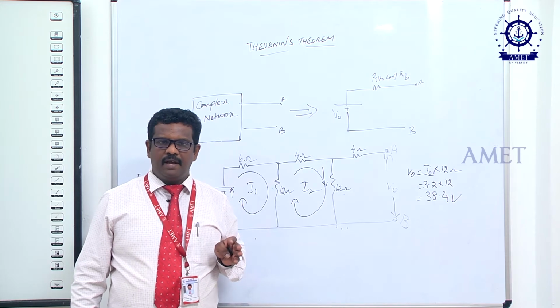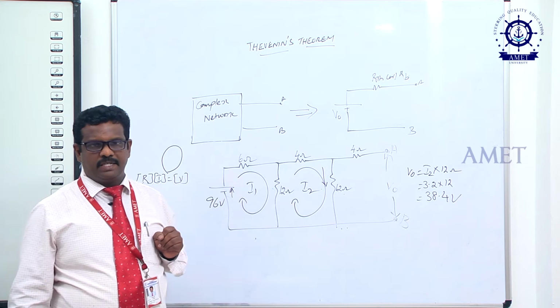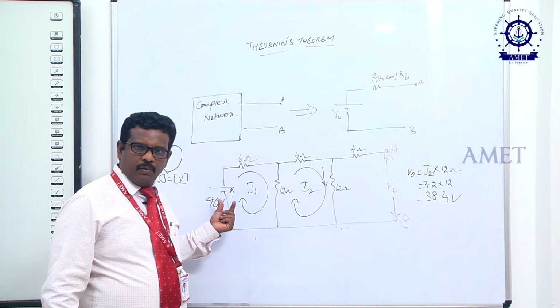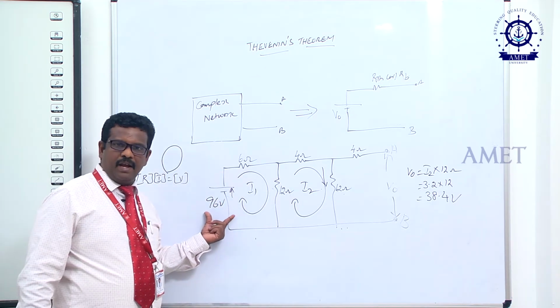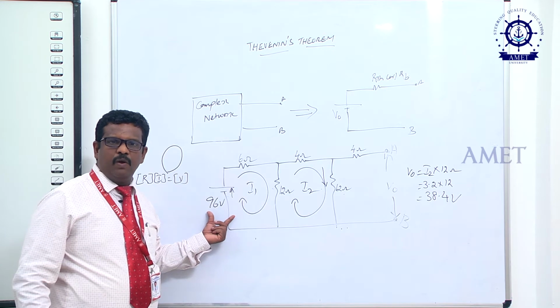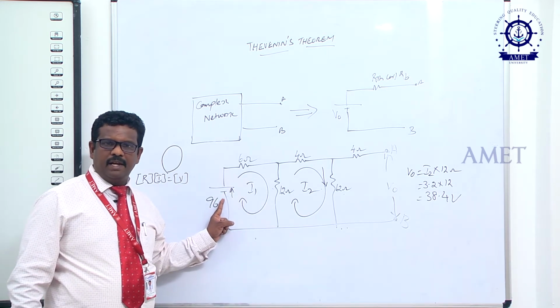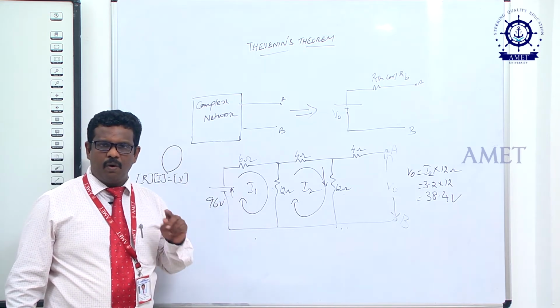If not given, simply you replace that. How are you going to replace the sources? If it is a voltage source, it will be replaced by a short circuit. If a current source is given, it is replaced by an open circuit. Very simple.